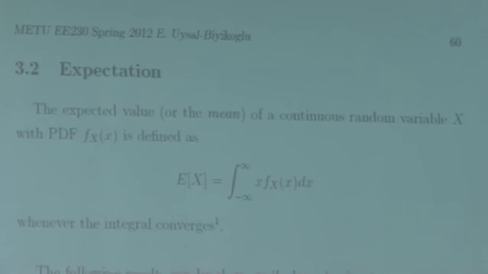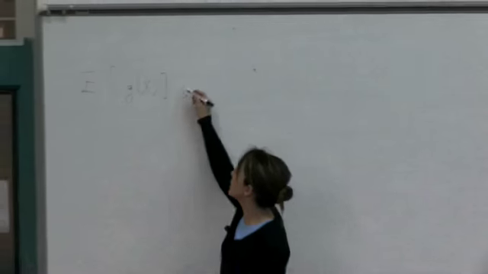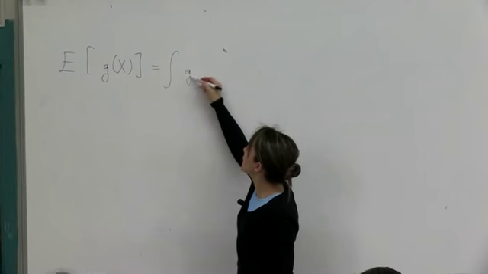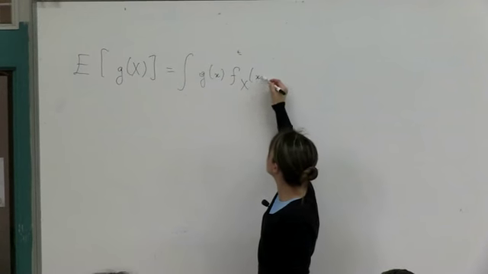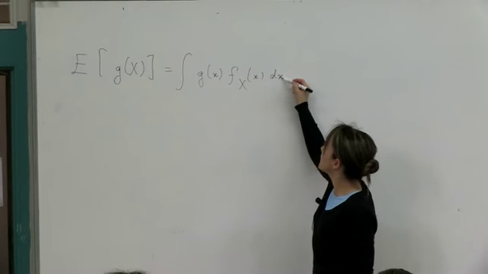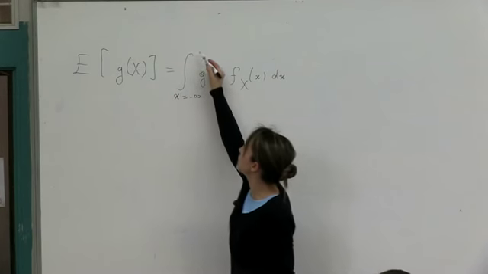The expected value of g(X), a function of X, just like in the discrete case, is found by integrating g(x) times the density f_X(x) dx, x from negative infinity to positive infinity.